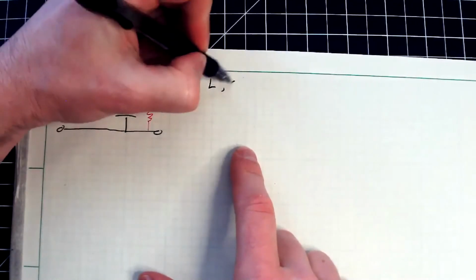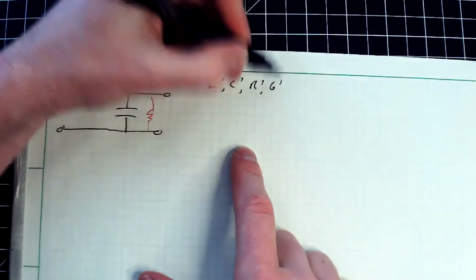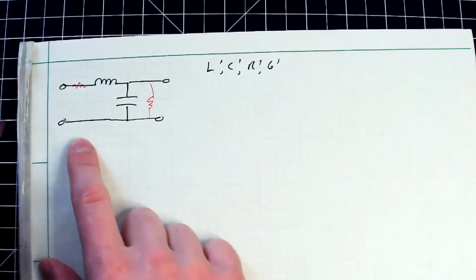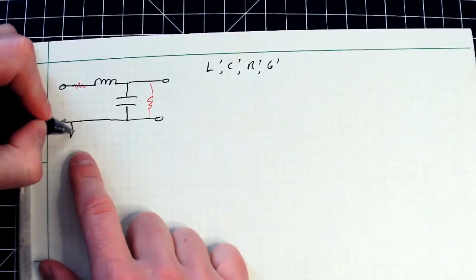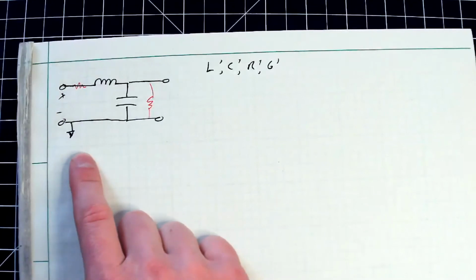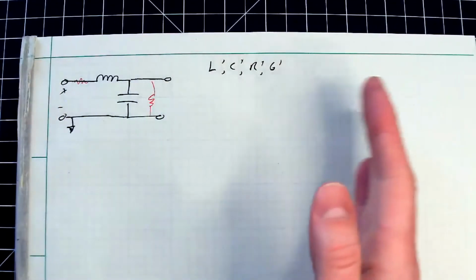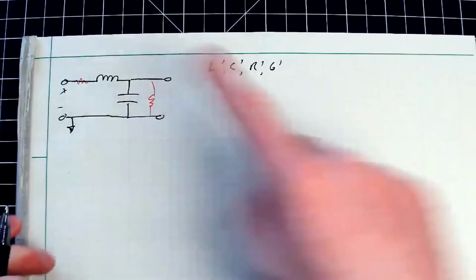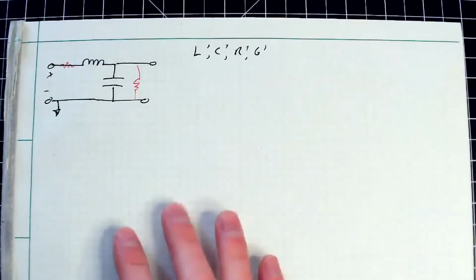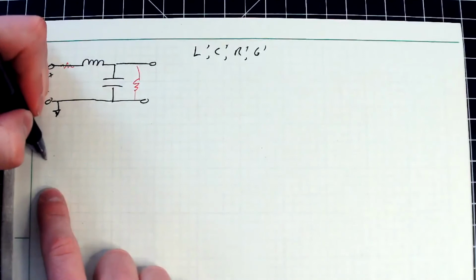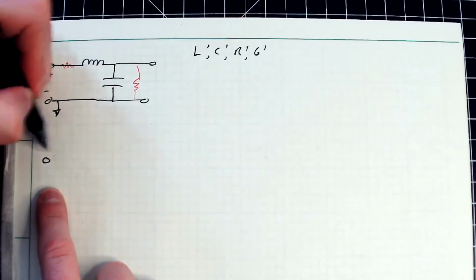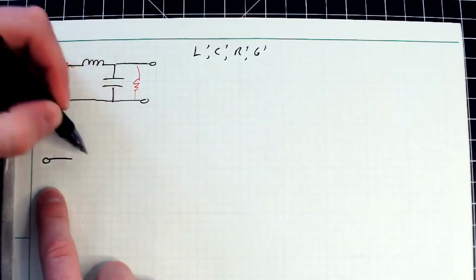So you had L prime, C prime, R prime, G prime. This was your ground reference, and this was your signal line, with some voltage and current going through all the elements. Then you did that limiting process as you let your delta Z squish down to 0, and you got some continuous differential equations. A multi-conductor transmission line basically does the exact same thing.